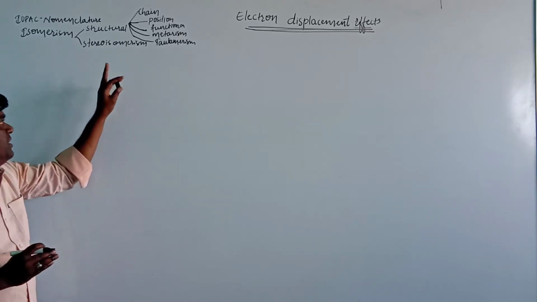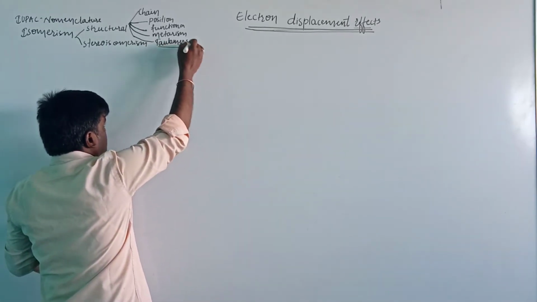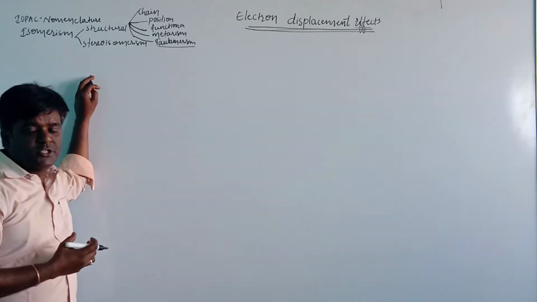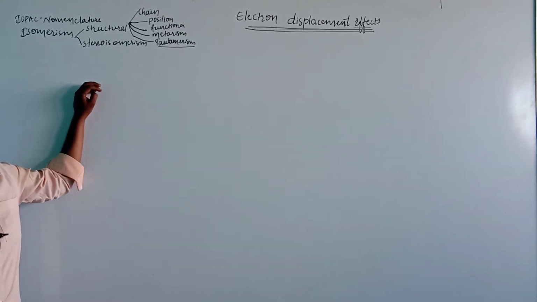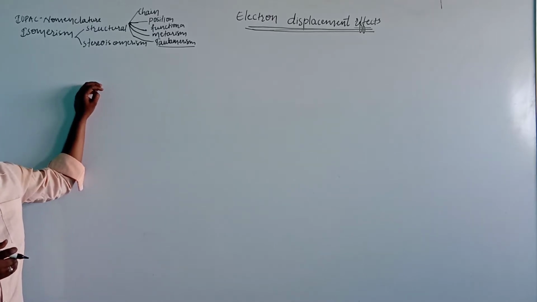Tautomerism is a special type of functional isomerism in which a dynamic equilibrium exists between the two functional groups.